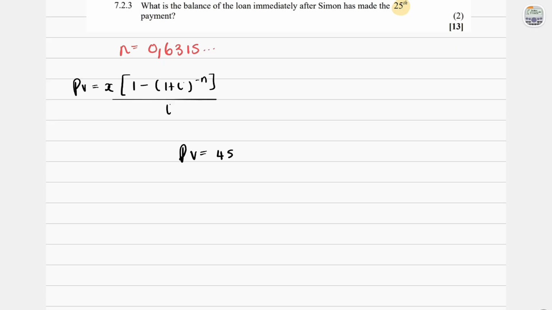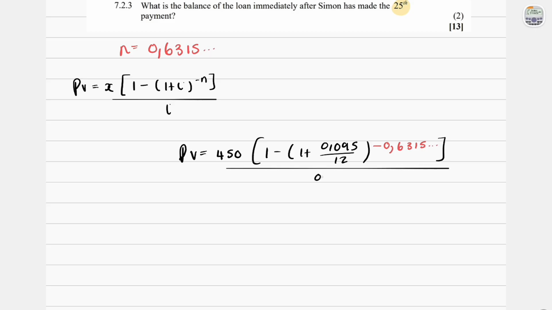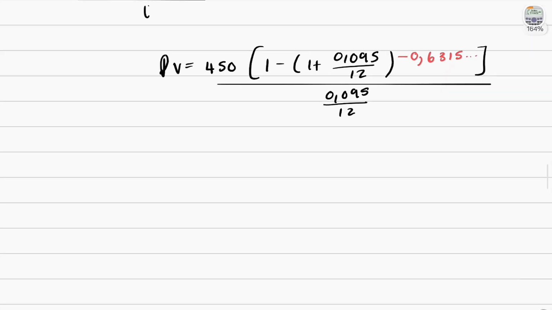So this is 450, times 1 minus 1 plus the interest, 0.095 over 12, raised to the power of negative 0.6315, don't round off, and then all over i, which is 0.095 over 12. So let's find out what this will be.